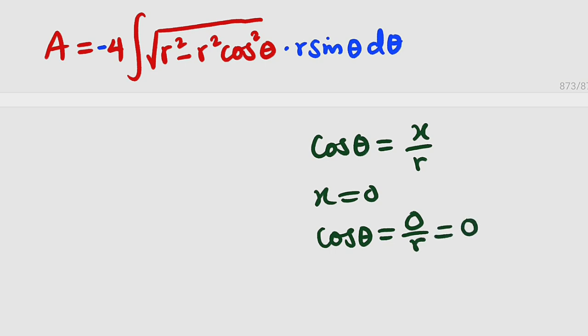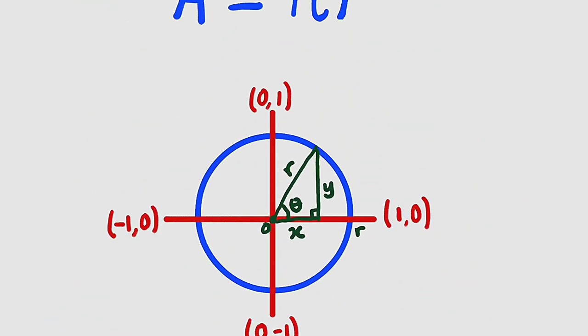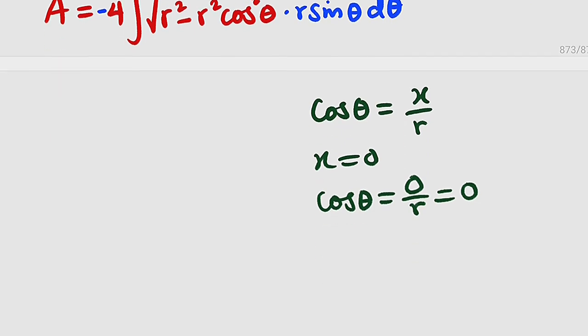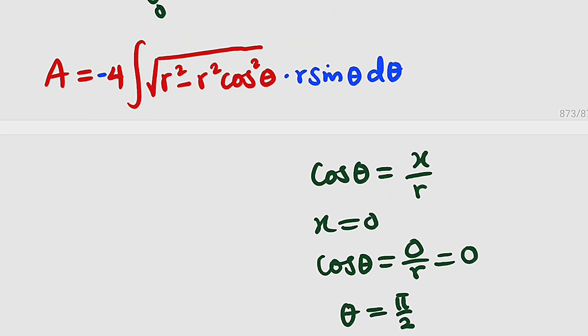So the question is, cosine of what angle is equal to 0? Remember, cosine depends on what? X coordinate. And we are in the first quadrant. So let's look. In the first quadrant, where do we have x? This is where we have x. And this is also where we have x. So this is where x is equal to 0. And that angle is what? 90 degrees, or pi divided by 2. So we are going to write pi divided by 2 for theta. So we have pi divided by 2.